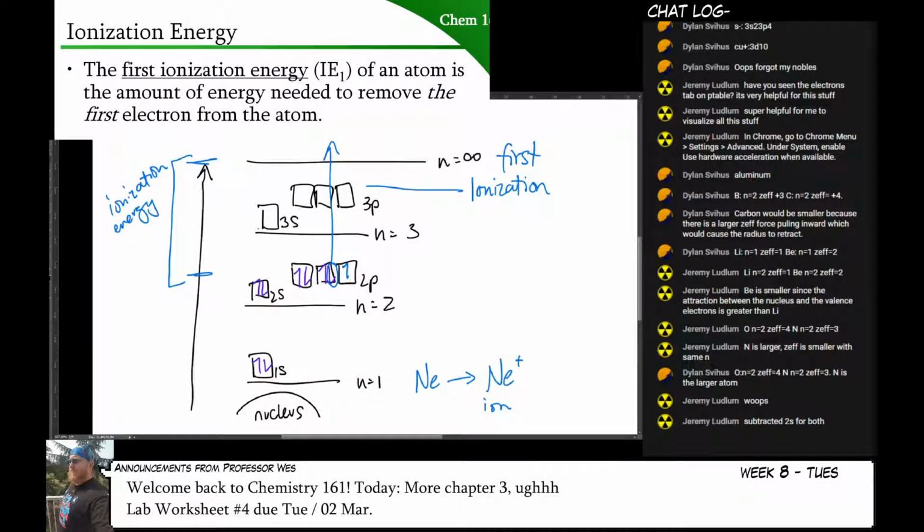And you might think, oh, they're the same level, right? So first and second are going to be pretty similar. Well, remember that with the nucleus, everything's getting pulled down towards it. And with fewer electrons, it can pull tighter and tighter and tighter, right? So the first ionization energy will be less than the second one, which will be less than the third one, and so on and so forth as you go.